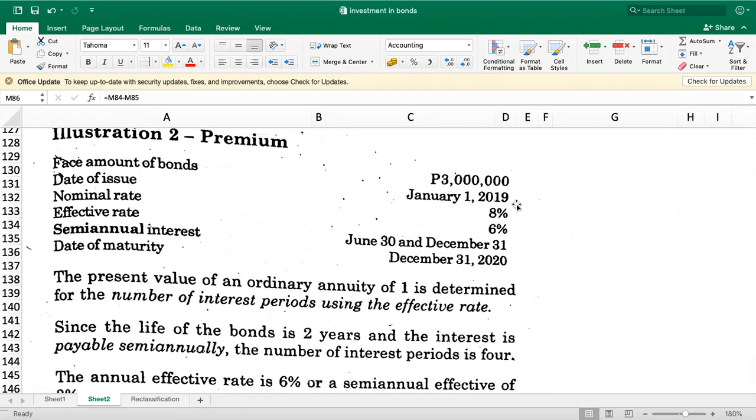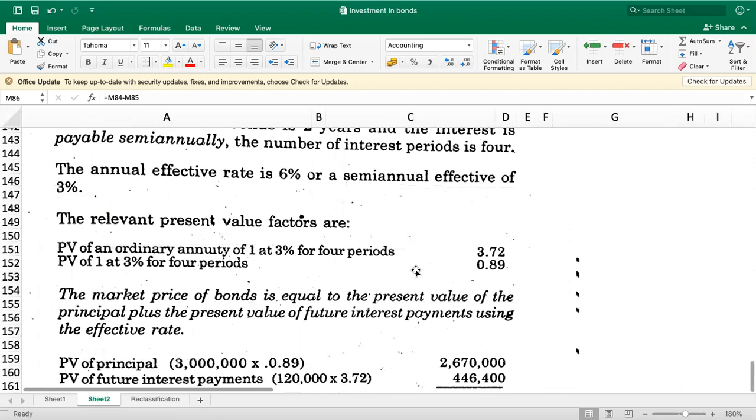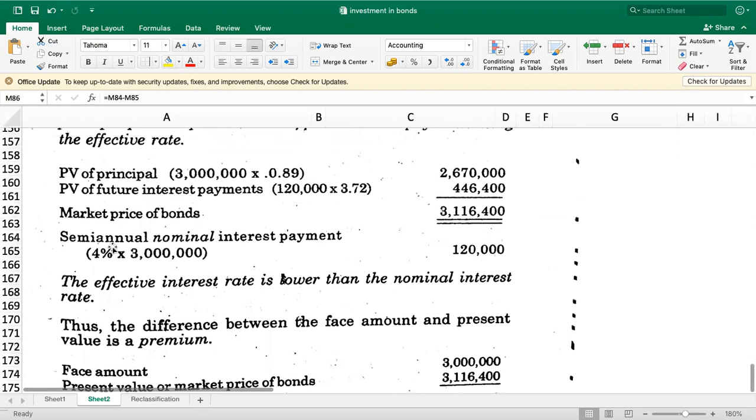So 4% every 6 months. 4% yung gagamitin natin. So yung interest dito, ito yung ginamit. Semi-annual nominal interest payment. That's principal times the nominal rate, yung every semi-annual, 4% yung ginamit dito. That's 120,000. Okay, so this is now the market price or the present value of the bonds.